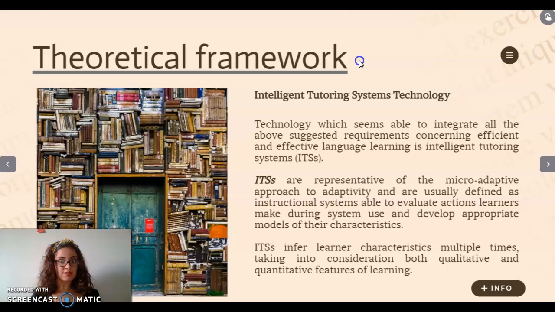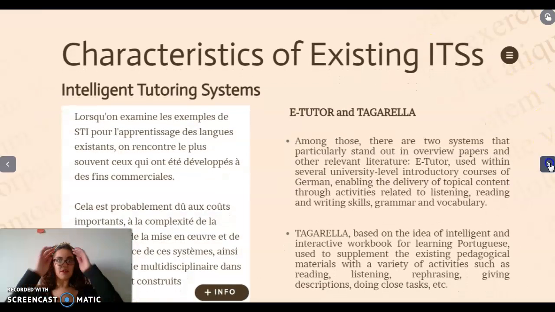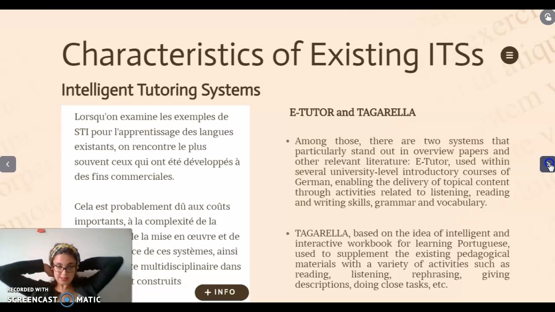These systems infer learner characteristics multiple times, taking into consideration both qualitative and quantitative features of learning. And after, I will quickly give two examples.